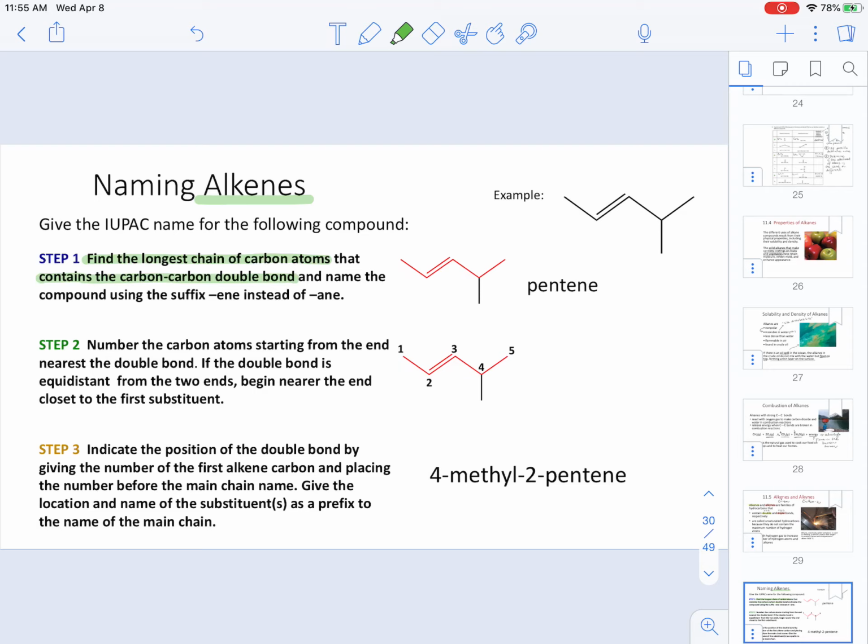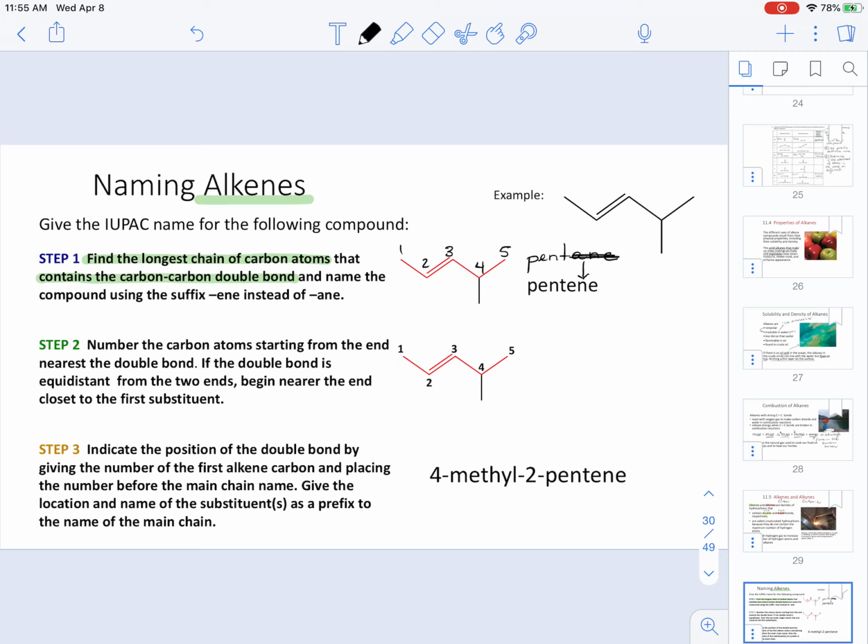Once you have established that, you can write the alkane name for the compound. So, for example, here, if we count the number of carbons, it's 1, 2, 3, 4, 5. The alkane name for that compound is pentane. But because this is not an alkane but an alkene, we are going to delete the ane and replace it with ene, which is the ending for an alkene.